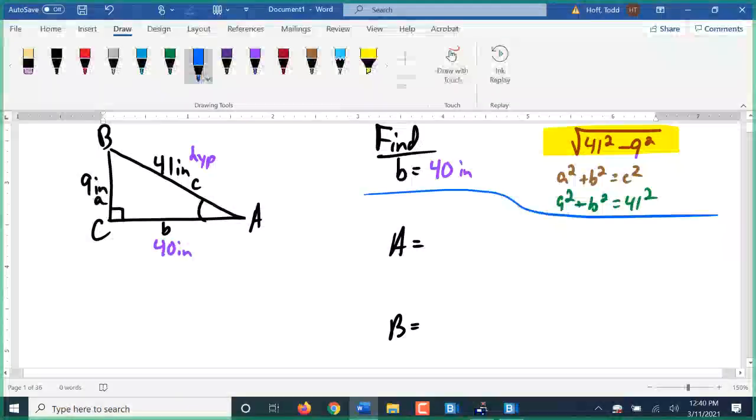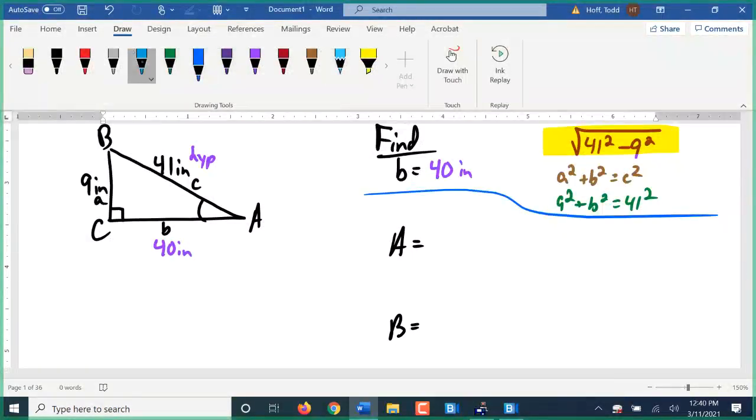Find angle A. Here's our angle A. According to angle A, of course, we're given the hypotenuse. The 9-inch side that we're given would be the opposite side according to angle A. The trig function that uses opposite and hypotenuse is the sine. So we'll put in the information we're given there.